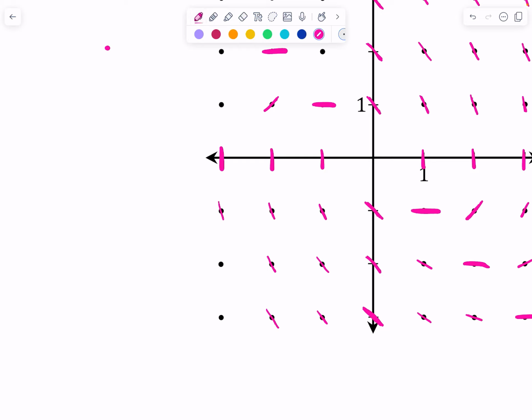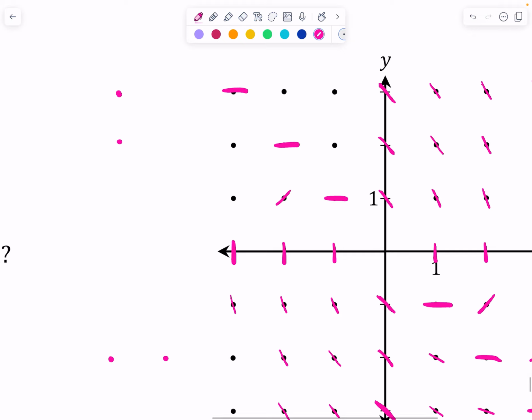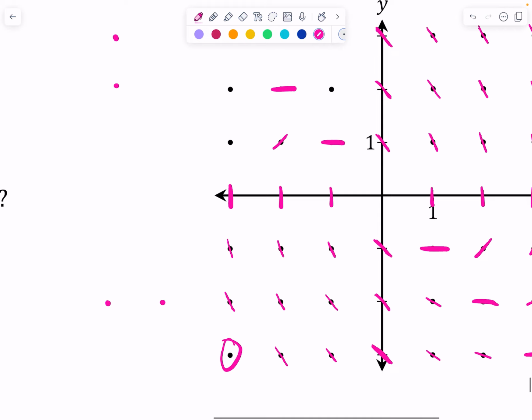All right, moving down. That's negative 5 over 2. Down here, negative 2.